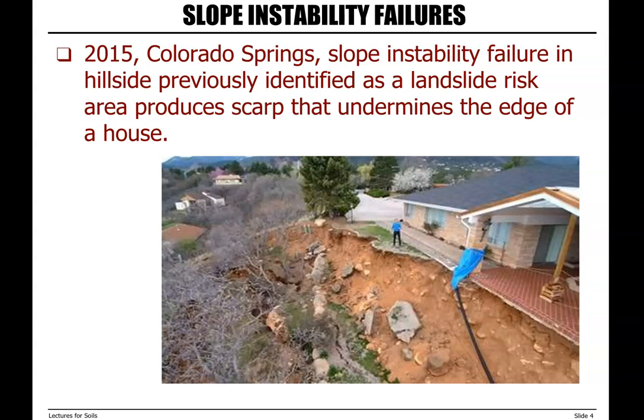This one is an example of a slope instability failure in hillside. This was previously identified as a landslide risk area, and then eventually in 2015 the failure happened.